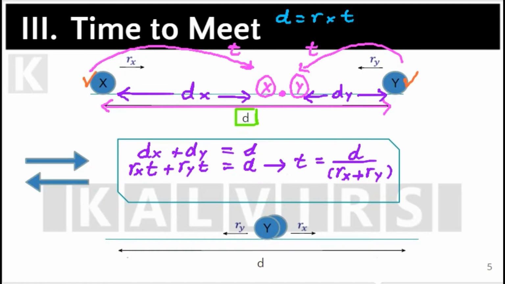For the example shown below, this is the same case because here they start moving from the same point, but they travel in opposite directions. Something like this.